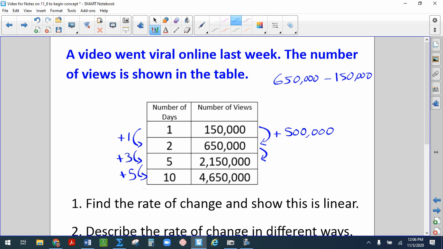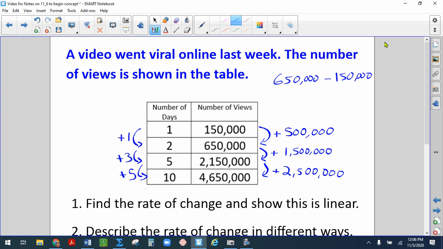Find out that it went up by 1,500,000. And then I'm going to subtract again, 4,650,000 minus 2,150,000, and that's 2,500,000. So I found the differences on the side of the table.